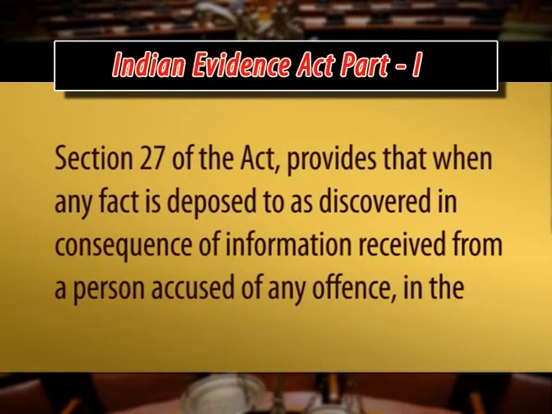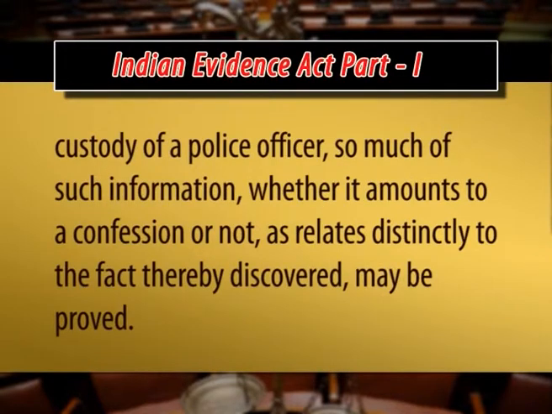Section 27 of the Act provides that when any fact is deposed to as discovered in consequence of information received from a person accused of any offence in the custody of a police officer, so much of such information, whether it amounts to a confession or not, as relates distinctly to the fact thereby discovered, may be proved.